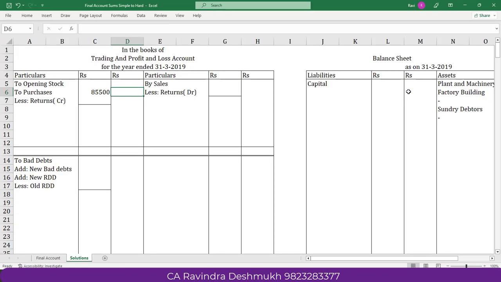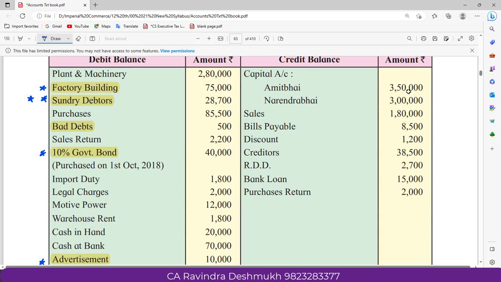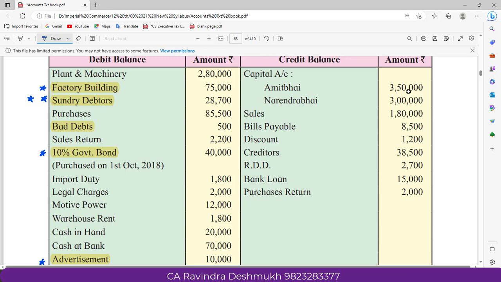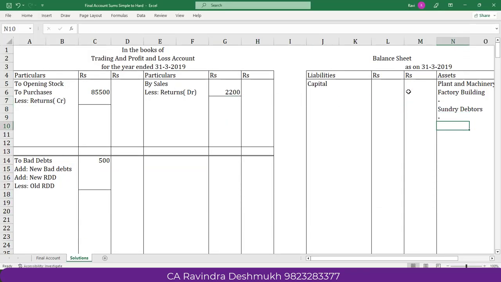Next, bad debts 500. This bad debts we need to already mark to be written. Sales return 2,200. Debit wala return to be subtracted from sales. 10% government bonds 40,000, assets, so I am writing here on assets 10% government bonds.